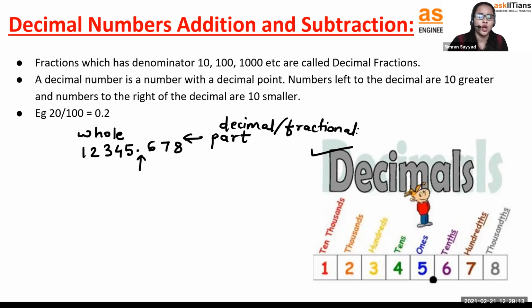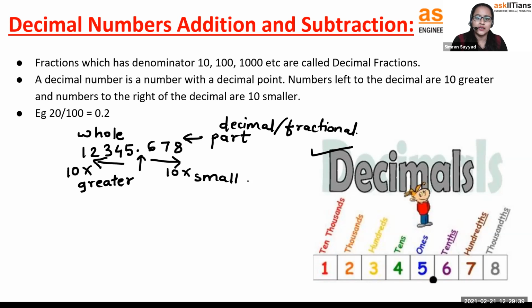Like this, the left side of the decimal is 10 times greater, if you say the positions, the place value. And the right side is 10 times smaller.